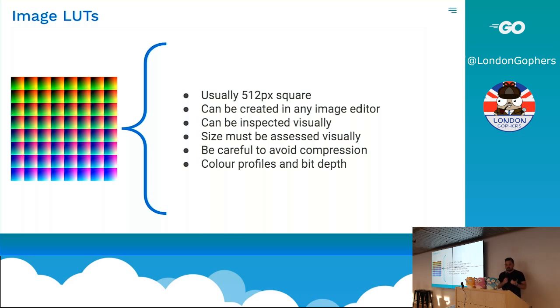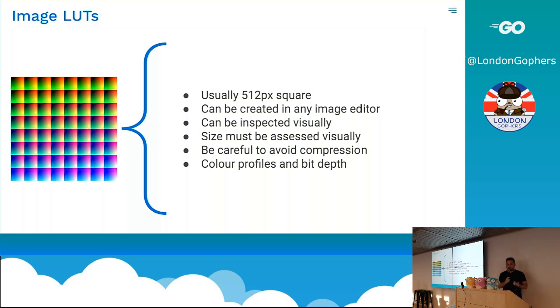These are usually 512 pixels square. They can be created in any image editor, which is really nice. So in principle, you can take that image, put it in Photoshop, do a bunch of stuff to the color, export it as a PNG, and use it. So very portable. They can be inspected visually, so you can actually look at it and get a sense of what it's doing. You'll see in the next slide what that looks like.